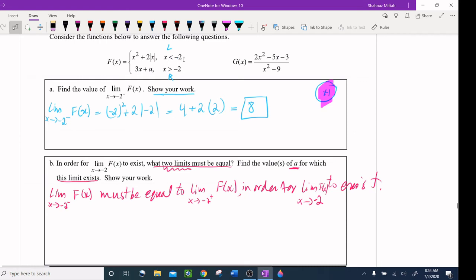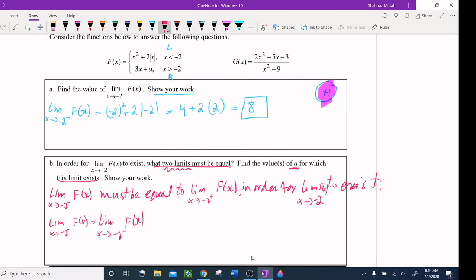For the x, you're going to plug in obviously -2, and then you solve. Since this is a limit question, I have to show my work as a limit: limit x approaches -2 from the left of f of x is equal to limit x approaches -2 from the right of f of x, right? Like this.